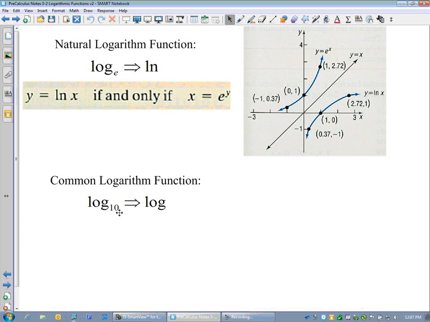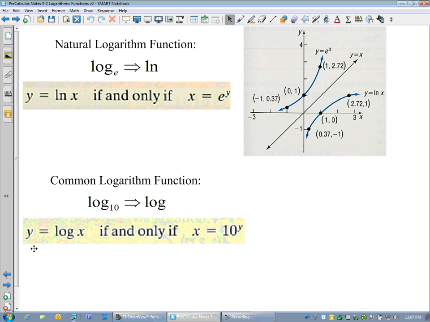But for log base 10, rather than write the 10, it has adopted the notation just log. So for any other base, it would have a number written down there. That's why we had the a in the previous examples. But if your log doesn't have a number written as a base, then it's assumed to be base 10. And of course, its definition is right along the lines of all the others. It's y equals log x if and only if x equals 10 to the y, because 10 is the base.